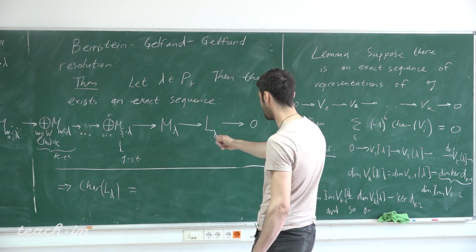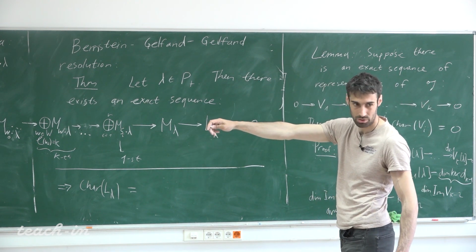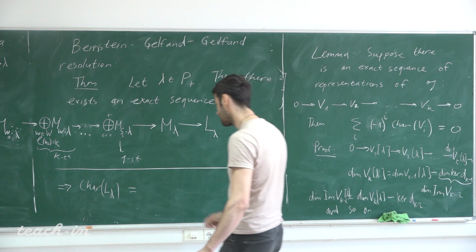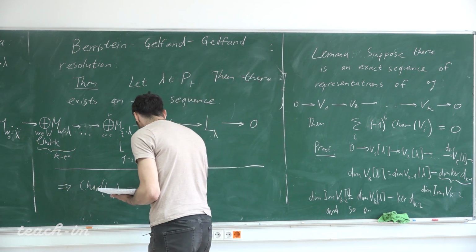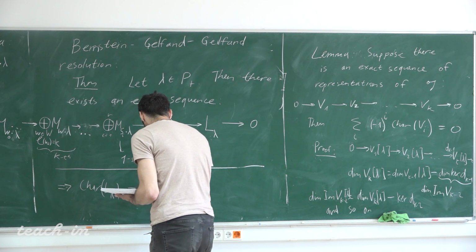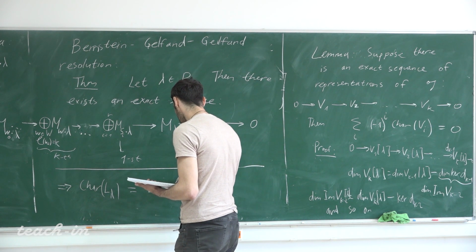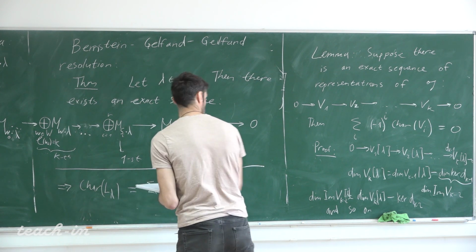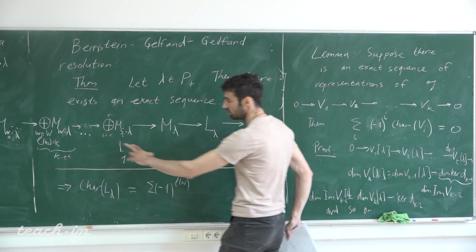So the character of L lambda I put on one side, and everything else, alternating, goes to the other side. So it is the sum over W of (-1) to the power l(W), right? Each index here corresponds to the length.